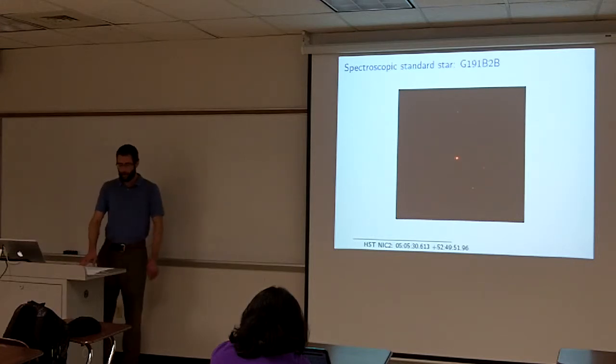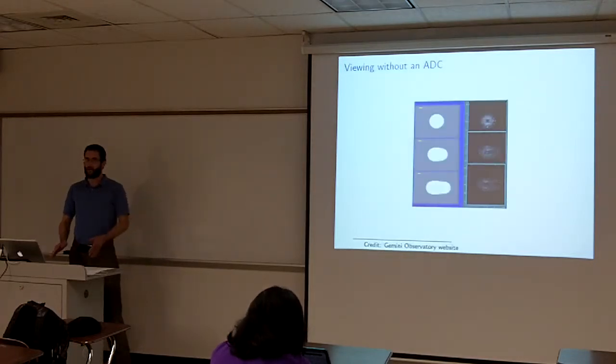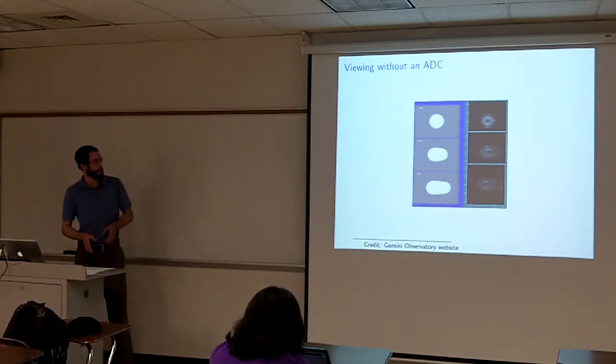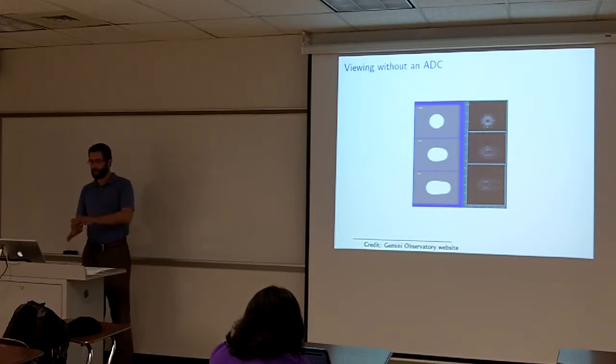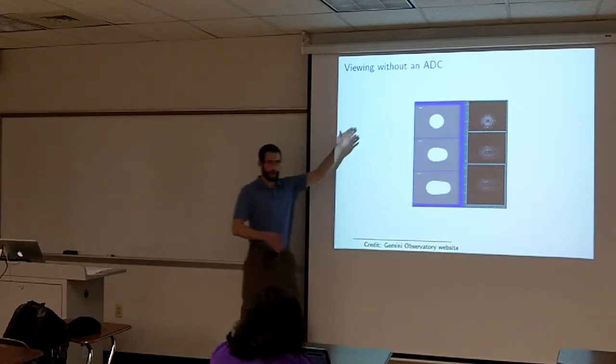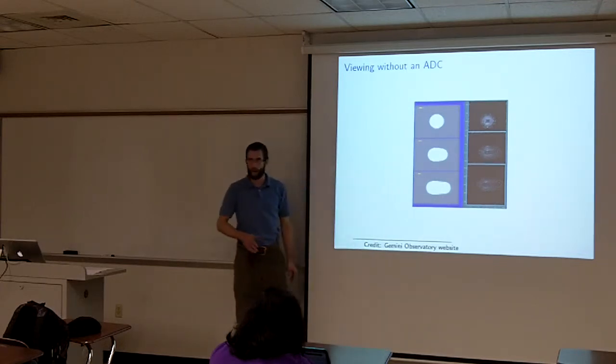One of the interesting parts of this was that the Gemini North and South telescopes don't have an atmospheric dispersion corrector, an ADC. And so what ends up happening is when you have your data, it becomes blurred along different wavelengths. You'd have an image like this, and if you looked at it at each wavelength, it would shift across the frame of the image.